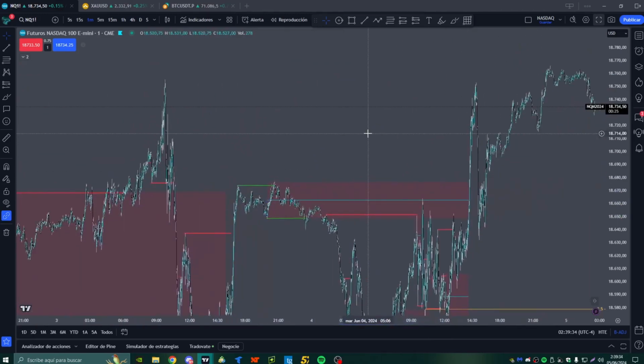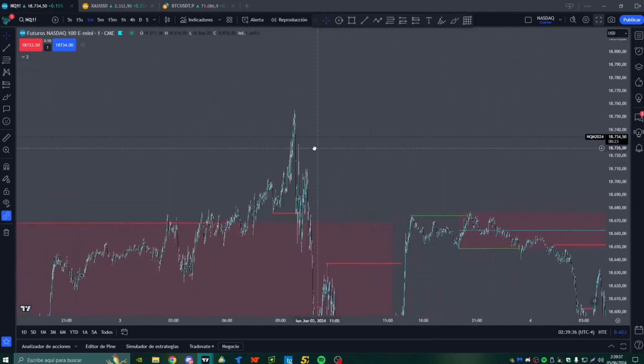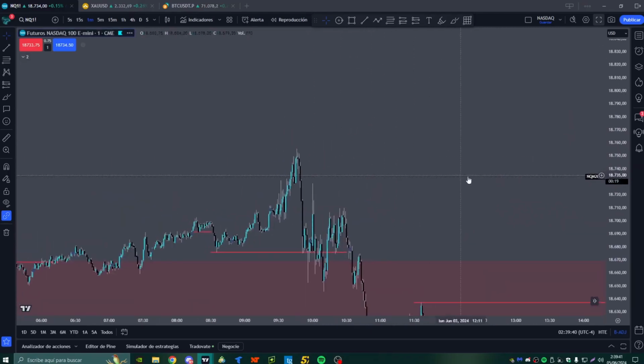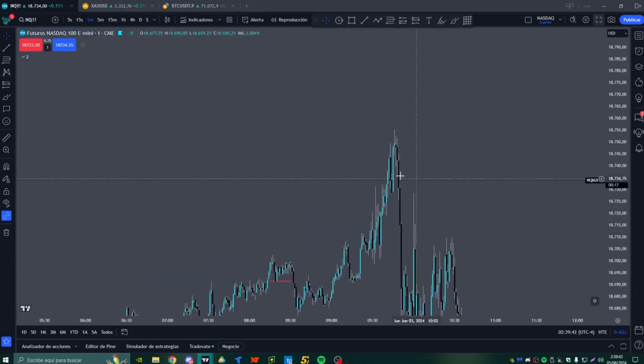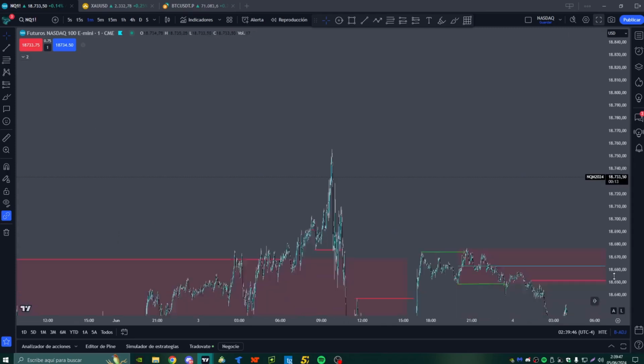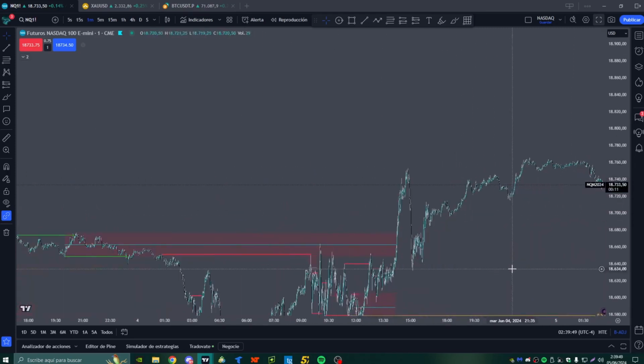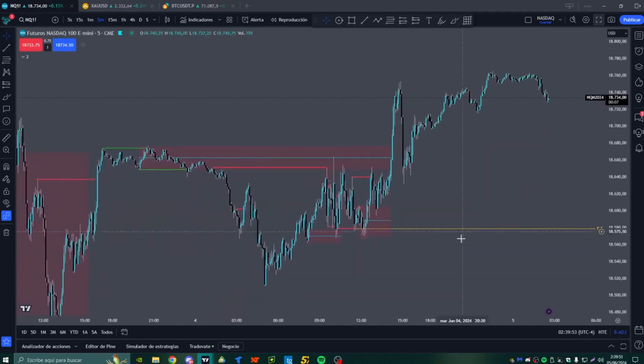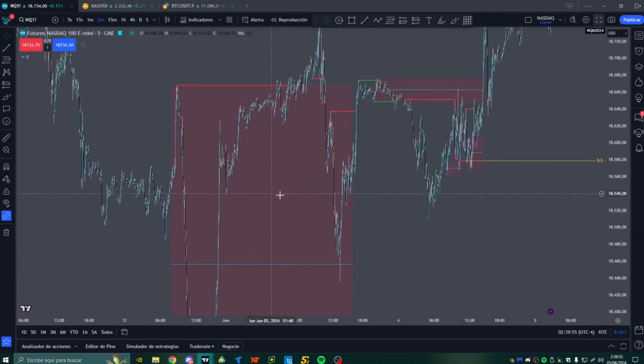And once this area of structure change in the morning finally broke, it reached this origin here, and from there, the pullback occurred in the afternoon. A pullback that Danny brought us.